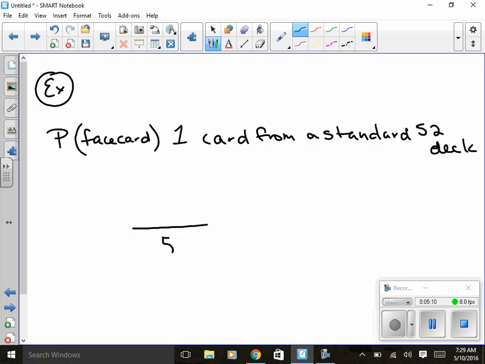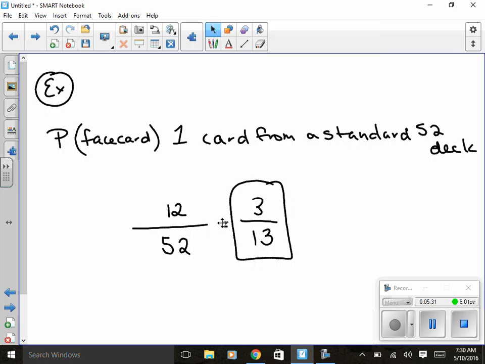I've already got that listed there. There's 52 cards total. Within a deck of cards, there are 12 face cards. So I would need to reduce this. When I reduce this, I get 3/13. Final answer.